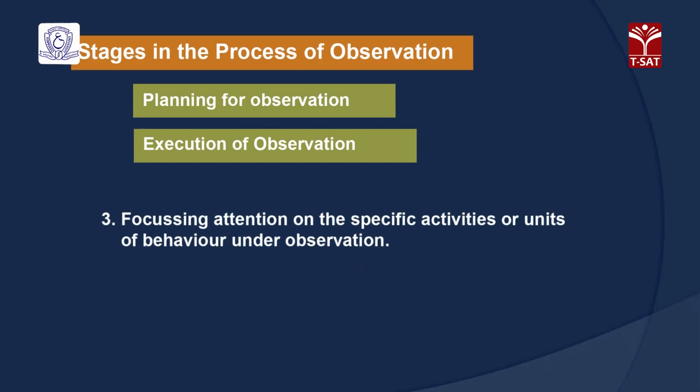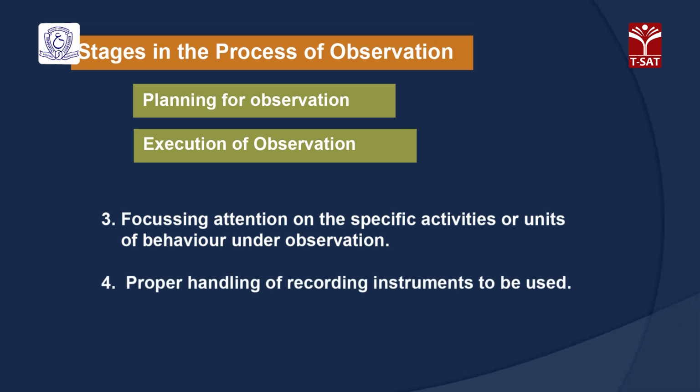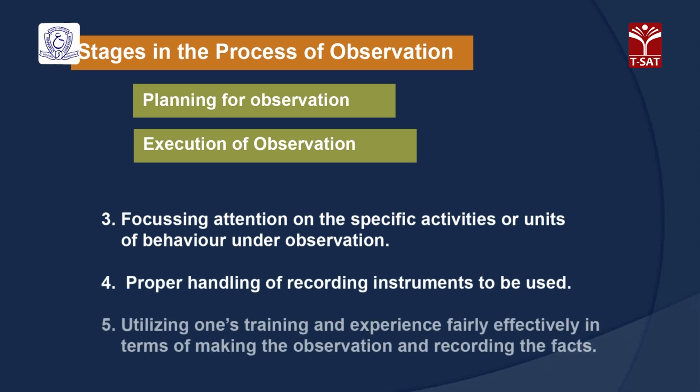Third, focusing attention on the specific activities or units of behavior under observation. Fourth, proper handling of recording instruments to be used. And fifth, utilizing one's training and experience fairly and effectively in terms of making the observation and recording the facts.